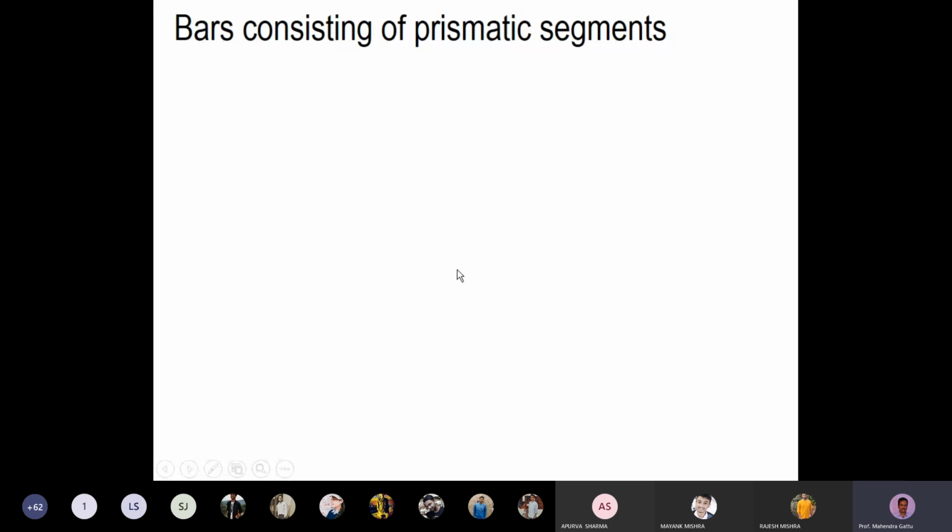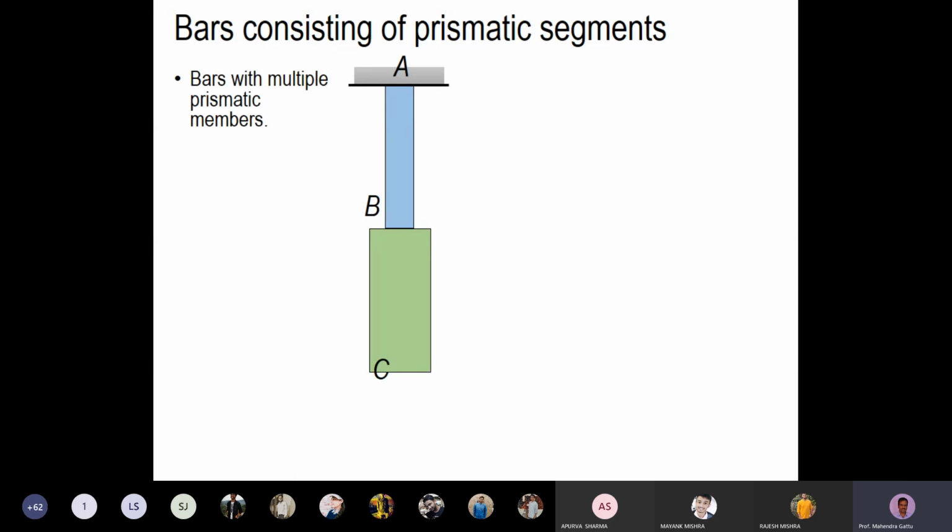Here we have a bar which is assembled with 2 prismatic segments. Segment AB has a different cross section area, and probably it can have a different Young's modulus, and BC has a different cross section area and can have a different Young's modulus. Here force is applied only at the end.